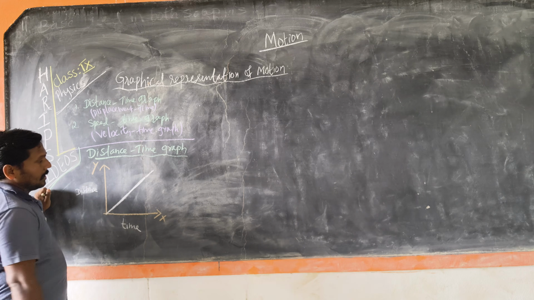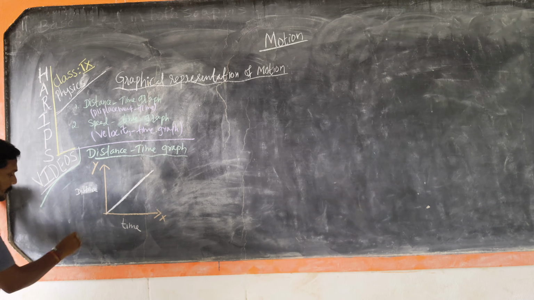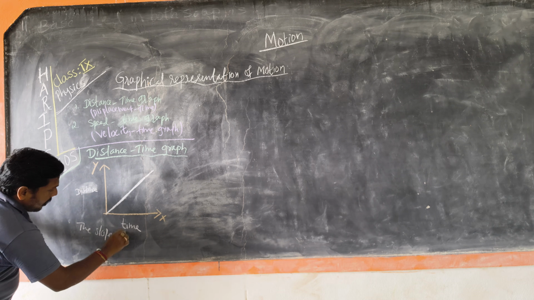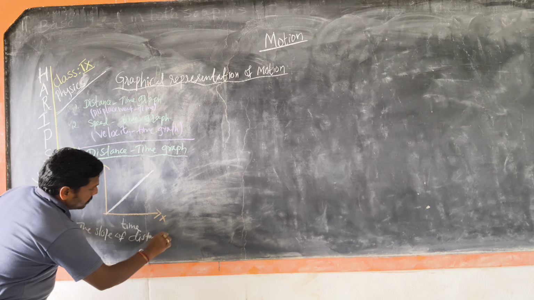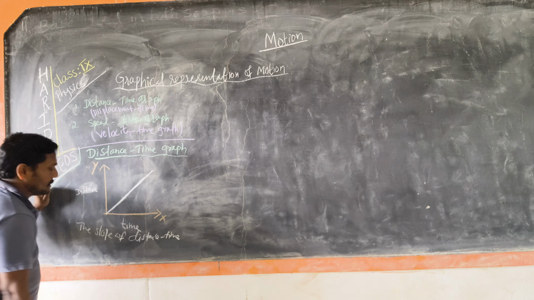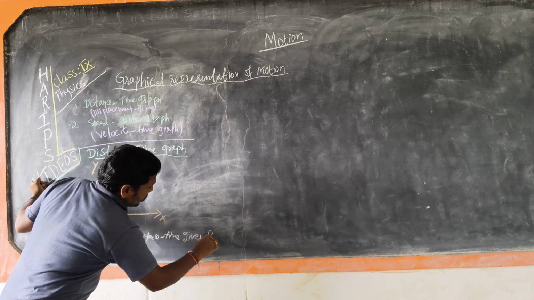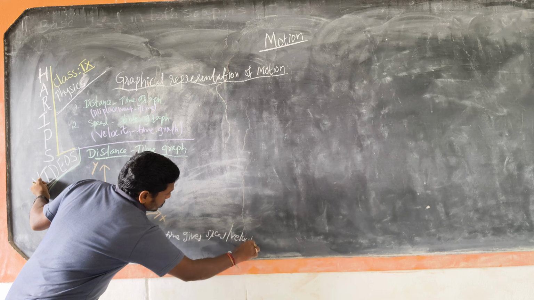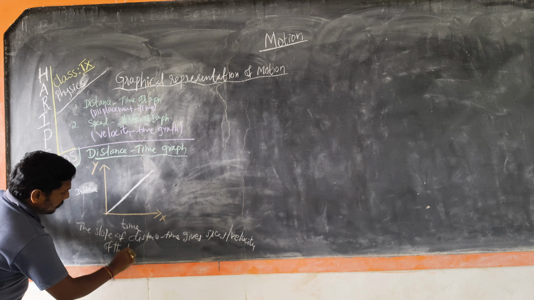This is called the slope. The slope of the distance time graph gives the speed or velocity of the body.